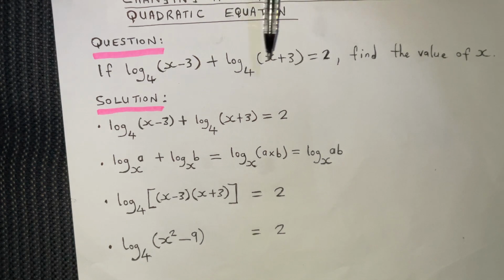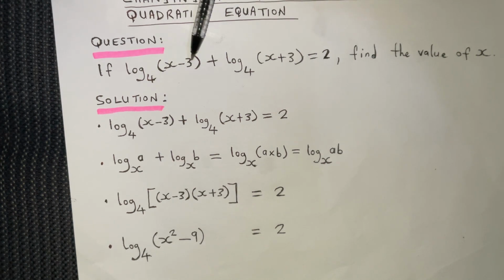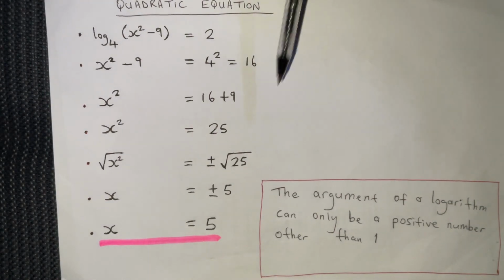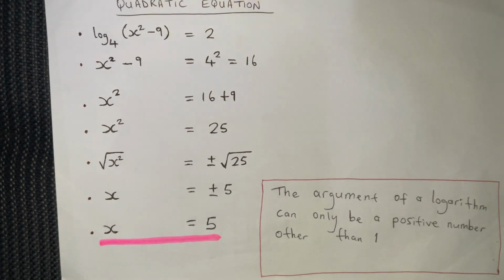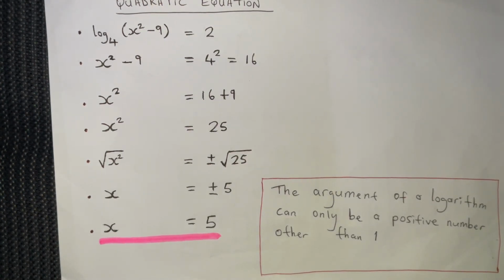We don't have a negative argument, so I must stick to the positive solution x equals 5, so that our argument will not be negative. We don't have negative logarithms.